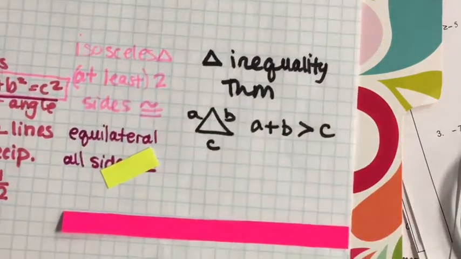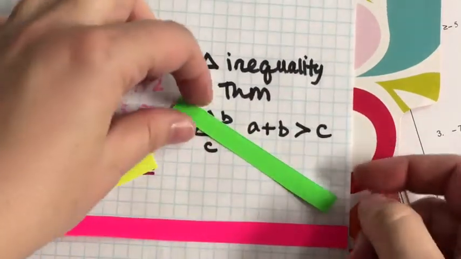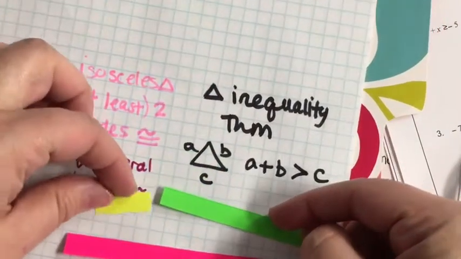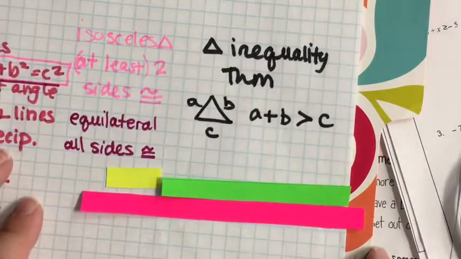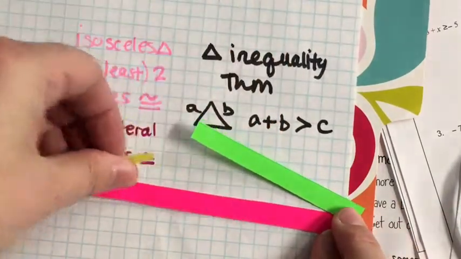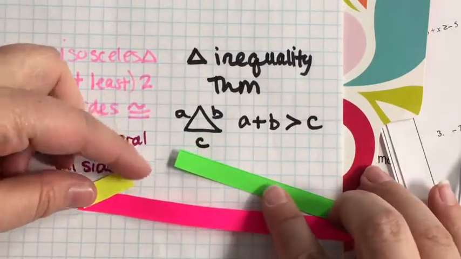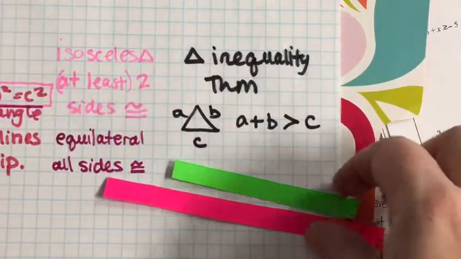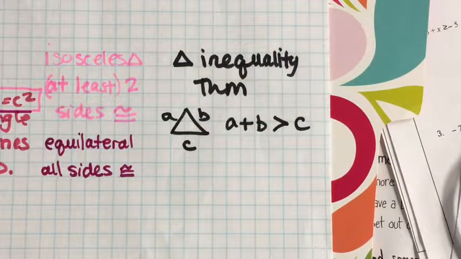Notice that these two lengths do not add up to the length of the pink side. So there's no way that I could make a triangle from it. It's just impossible to make a triangle because they don't meet up. Does this make sense? Okay. And then, yeah, that's basically it.